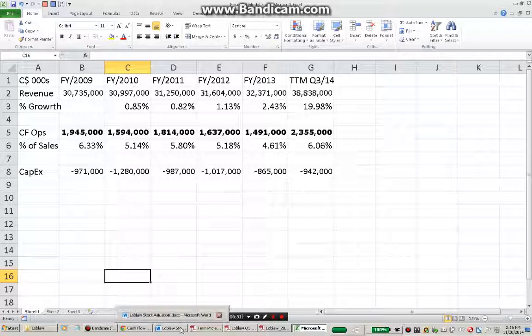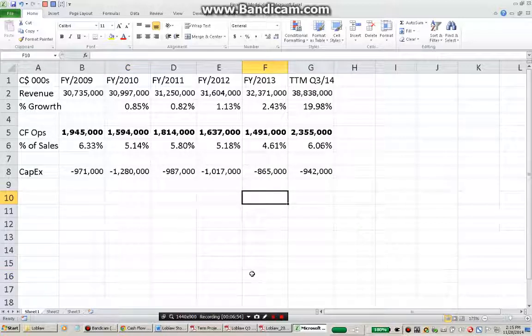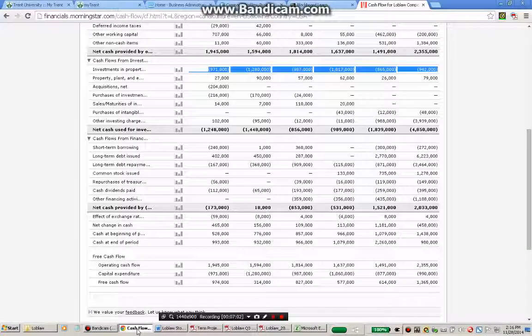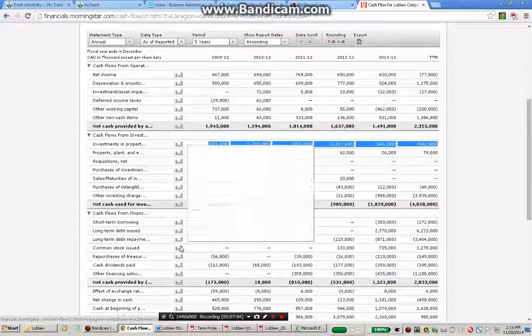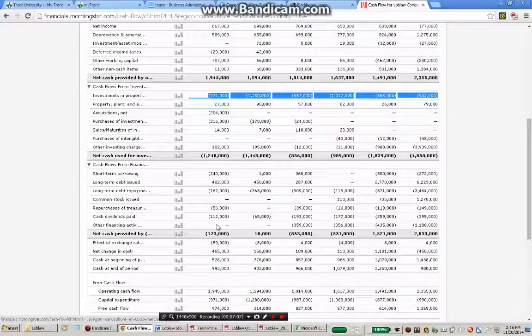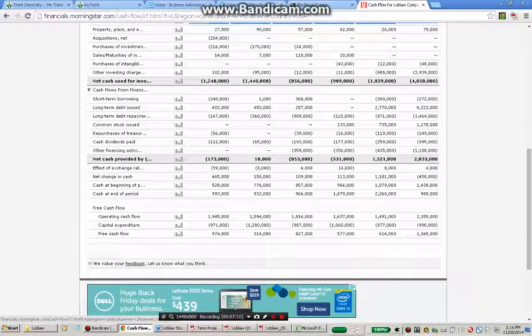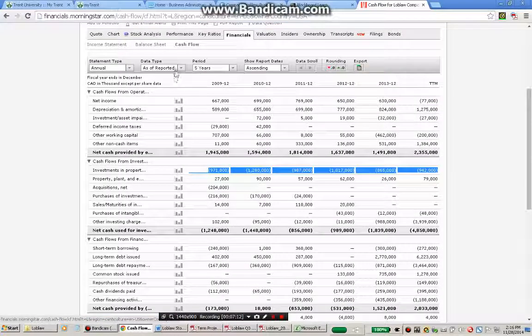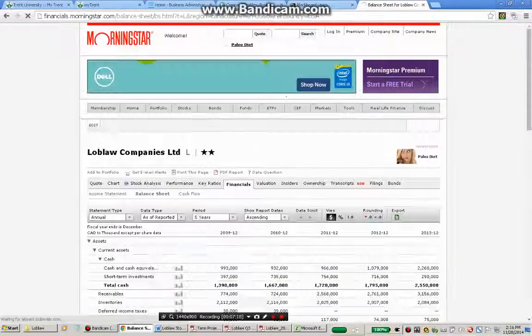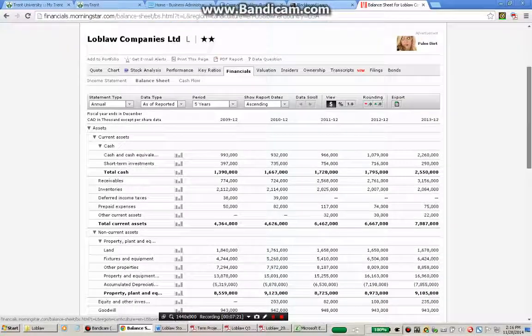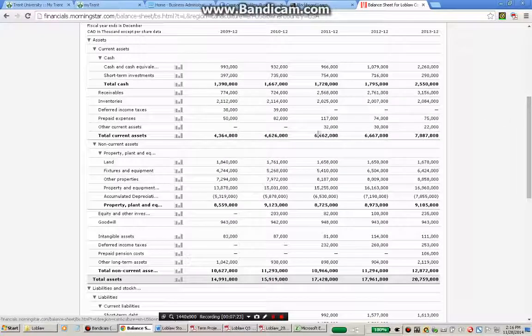Okay, now this is going to be in proportion to the assets. This is investing in assets, so they've got to invest in a proportion of their assets. Okay, so I'm looking for their net PP&E.